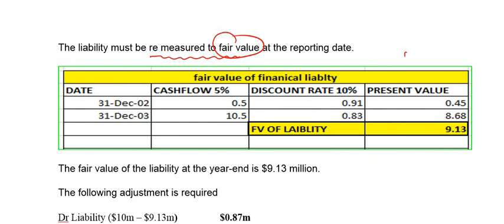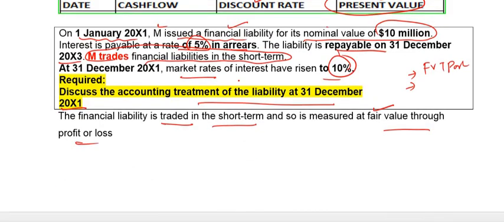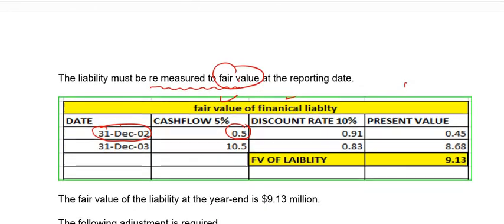Now first we have to measure the fair value of the financial liability at the balance sheet date, 31st December 2002. Here there will be a cash flow of interest at 5%. You just apply the 5% on the nominal value, which is 10 million, and here is a discount rate, and the discount rate is 10%.